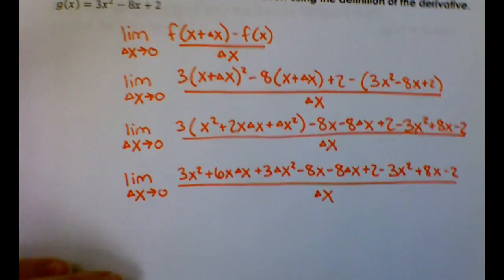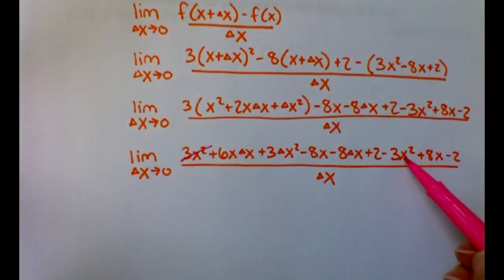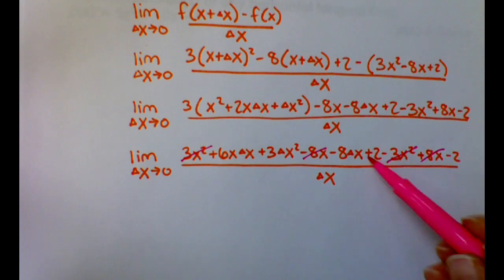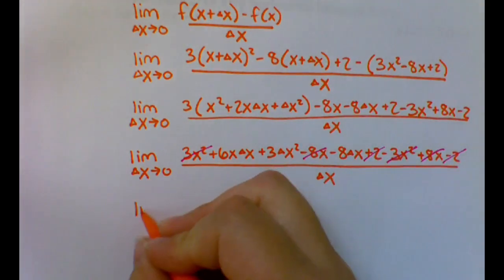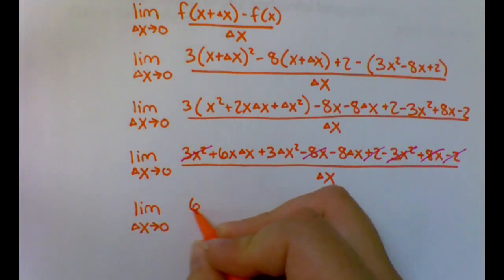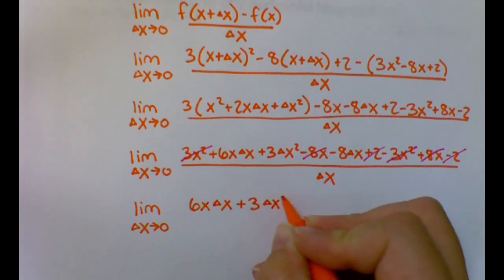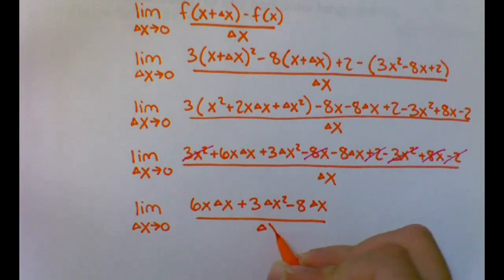Now we start canceling out some terms. So if I have a 3x squared minus 3x squared, I have minus 8x plus 8x, I have plus 2 minus 2. Those things all canceled, leaving me just the limit as delta x approaches 0 of 6x delta x plus 3 delta x squared minus 8 delta x all over delta x.